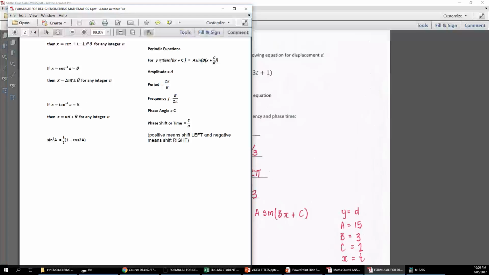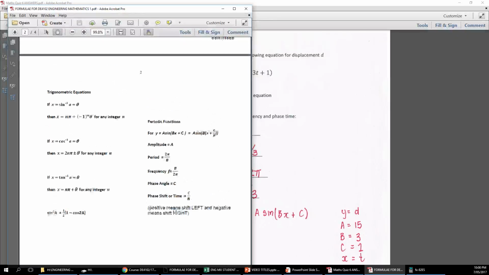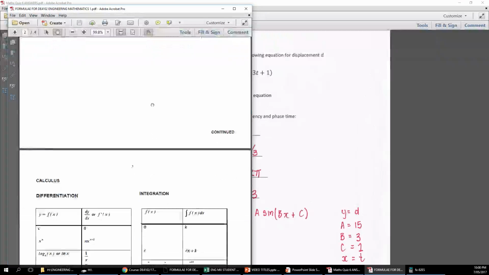Periodic functions for y equals a sine brackets bx plus c. The amplitude is a, the period is 2 pi over b, the frequency is b over 2 pi, the phase angle is c, and the phase shift or phase time is c over b. Alright, so it's all there for you. There's some other things coming up.